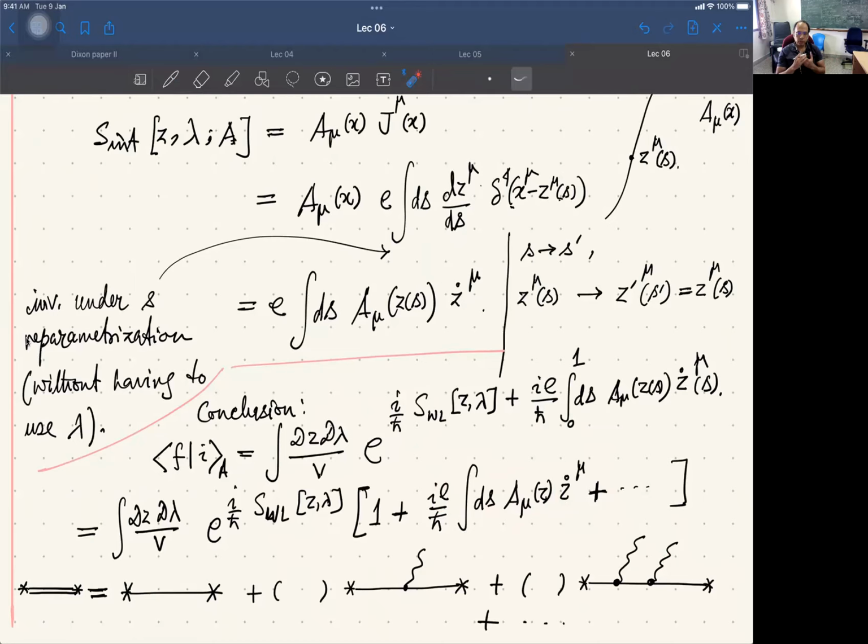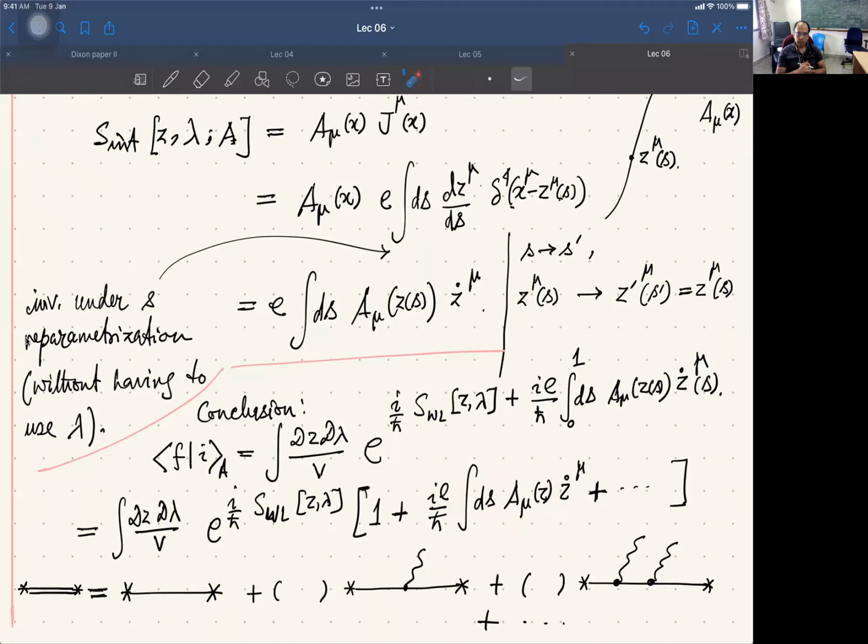So if you take z dot mu, z dot nu, and multiply with a coefficient, say g mu nu or h mu nu of z, then this h mu nu of z is a new background field with which the particle is coupling, and you have to figure out how to interpret the corresponding coupling factors, and so on. There are ways to do that.